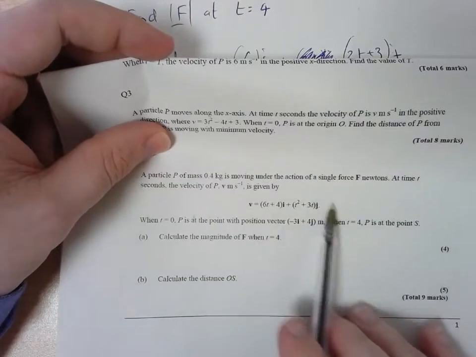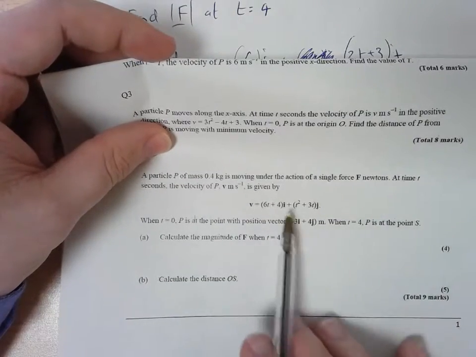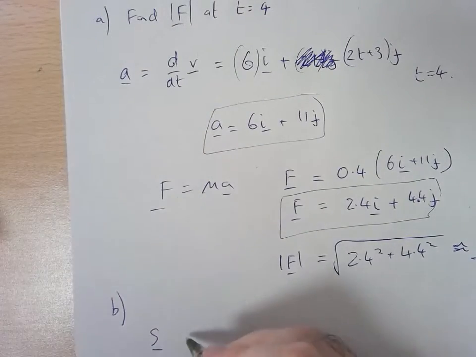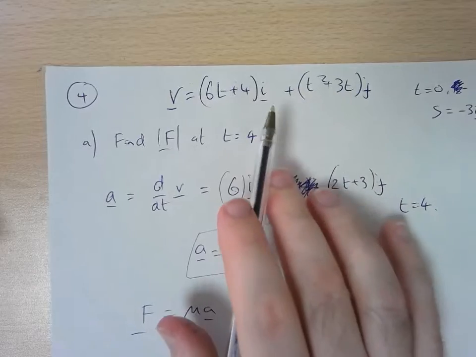So we're going to integrate this, remembering that we've got vectors. So we're going to get s, the displacement, equals, I'm going to integrate the thing we had up here.